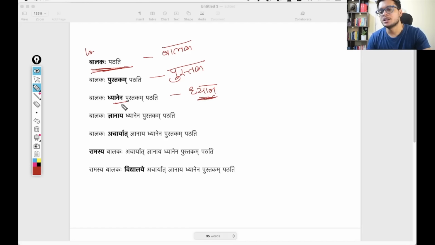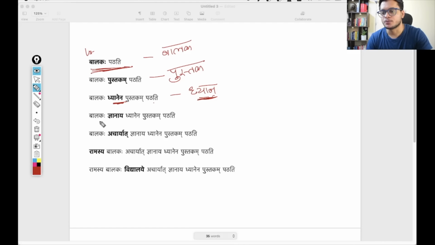So dhyan became dhyanena, just as Ram became Ramen. Why? Because dhyan is also an akarant pulling word. Ram was also an akarant pulling word. Same word, same way they are changing. And third form. Balakah dhyanena pustakam patati. Boy reads the book with focus.